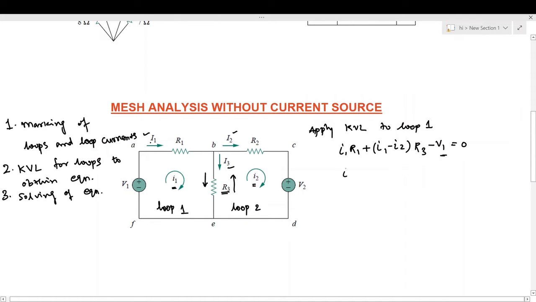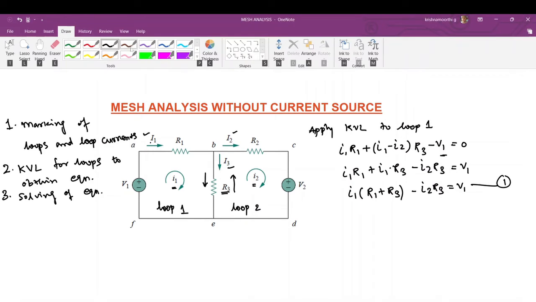Simplifying, i1 into R1 plus i1 into R3 minus i2 into R3 is equal to V1. On further simplification, we can write i1 into (R1 plus R3) minus i2 into R3, which is equal to V1. Say this is equation number 1.